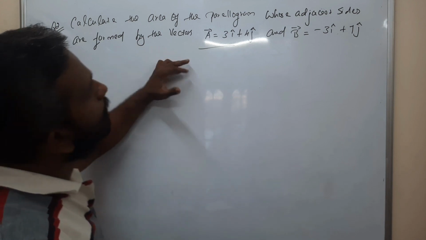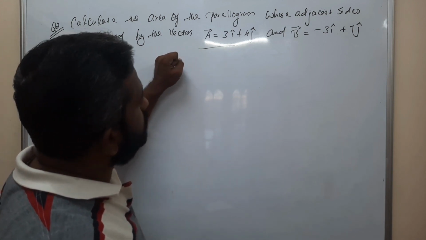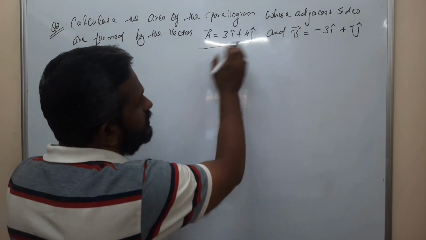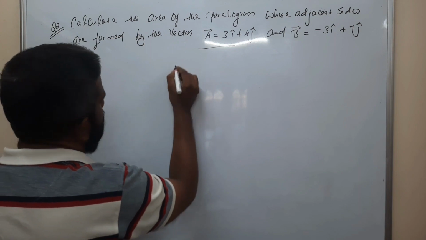So in the parallelogram the two sides are formed by these two vectors, that is two adjacent sides. So what is a parallelogram?